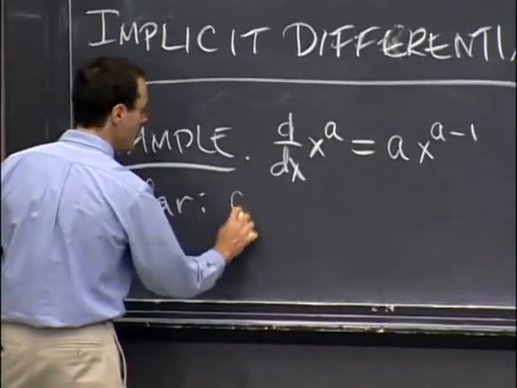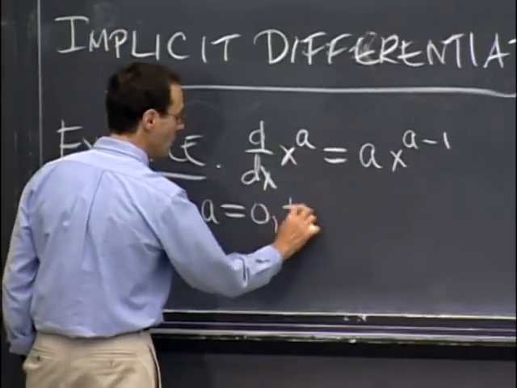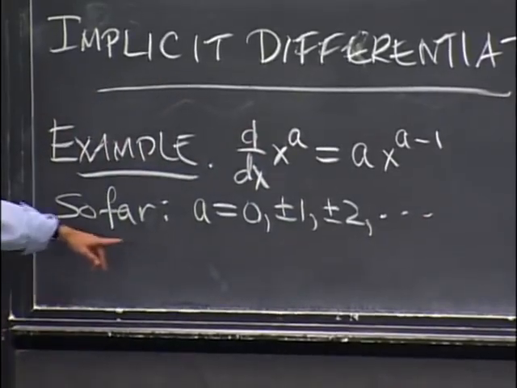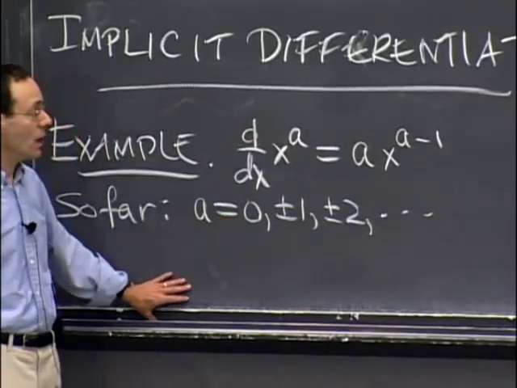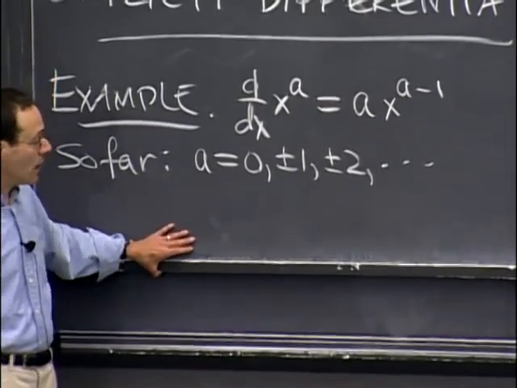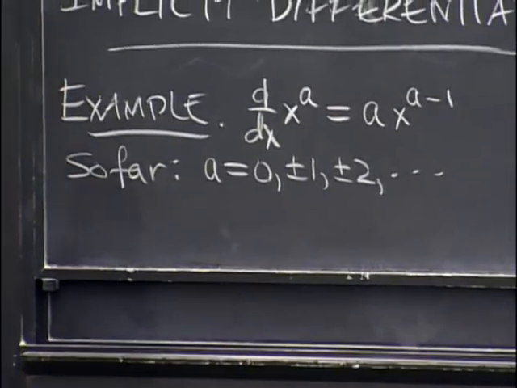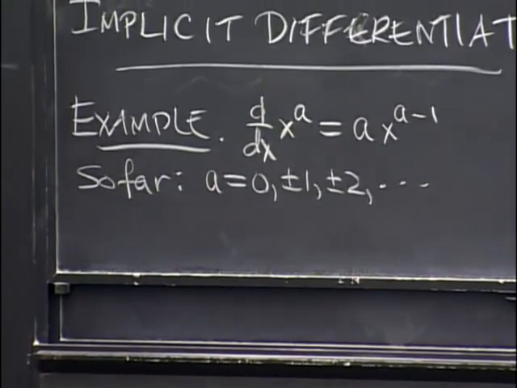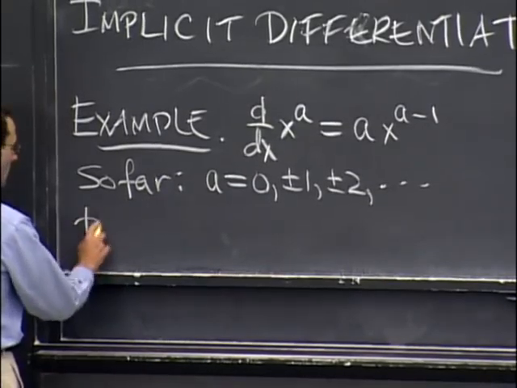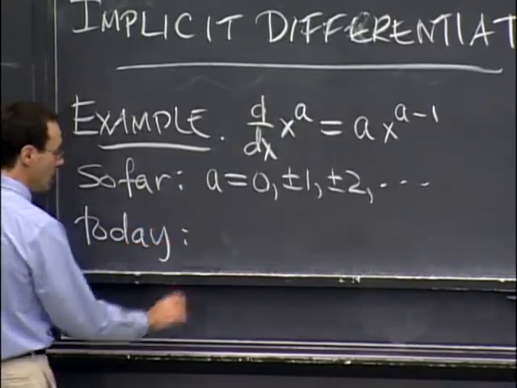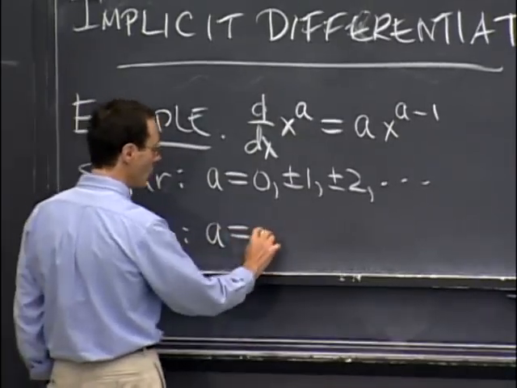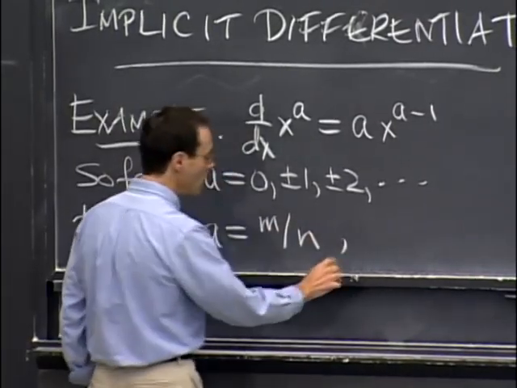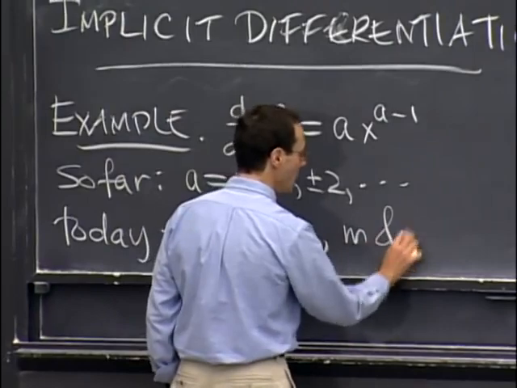What we've got so far is the exponents 0, plus or minus 1, plus or minus 2, etc. You did the positive integer powers in the first lecture, and then yesterday, Professor Miller told you about the negative powers. So what we're going to do today is consider the exponents which are rational numbers, ratios of integers. So a is m over n, where m and n are integers.